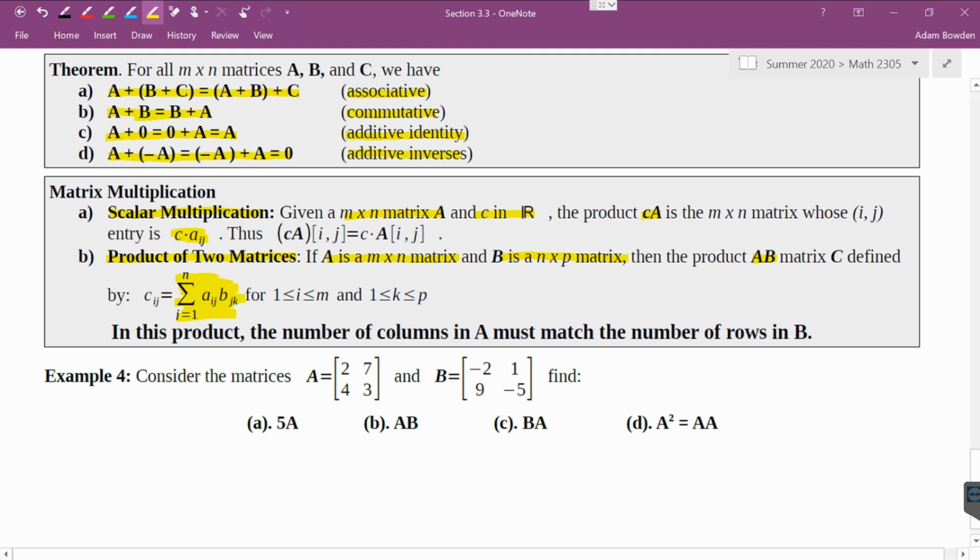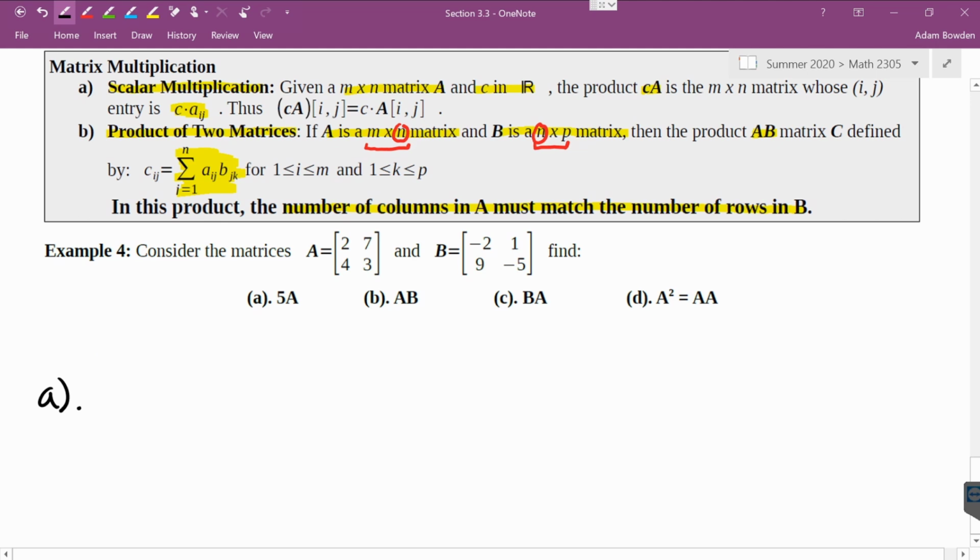So for this to work, the number of columns in A must match the number of rows in B. We can see that up above when it says m by n and n by p. n is the columns in this matrix, and it's the same as the rows in the other one we're multiplying by. Let's look at our first example here that goes 5A.